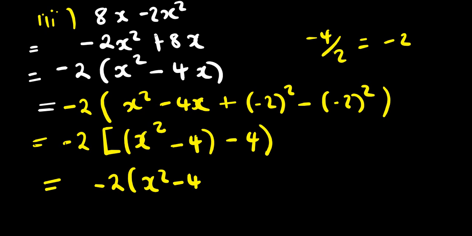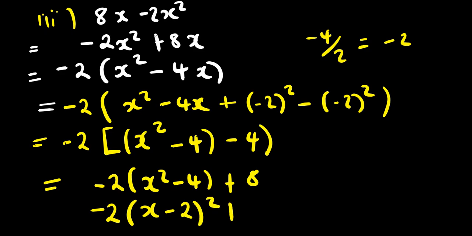On the other hand, the same negative 2 multiplied by the negative 4 there gives you a positive 8. Because there's a square here, if you want to remove it, you can say negative 2, this is the difference of 2 squares in the bracket, so you can just say x minus 2 squared plus 8.